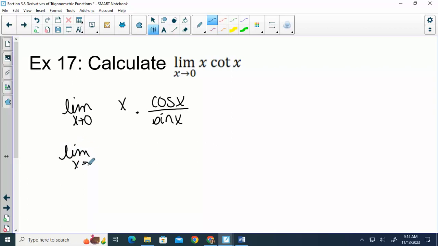So then if we reorder it and do the x divided by sine x times our cosine, x over sine x will go to 1, times the cosine of 0. Any questions about this stuff?